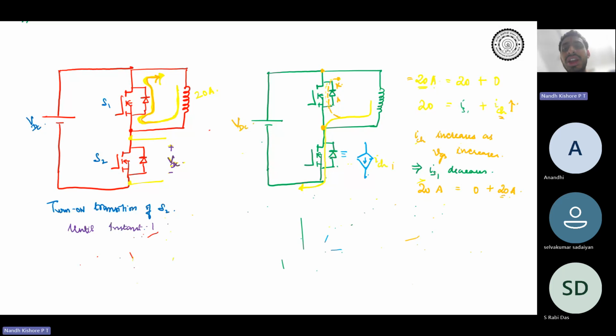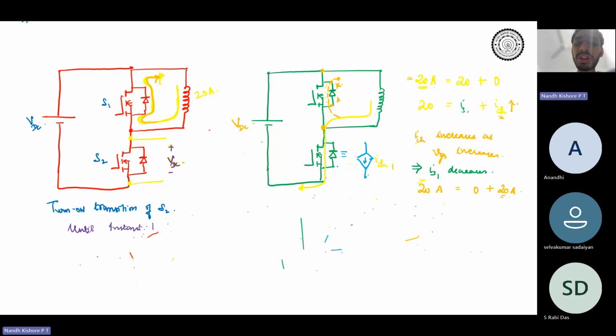That is, VAK should be a positive number. Do you agree? Only then can the diode conduct.